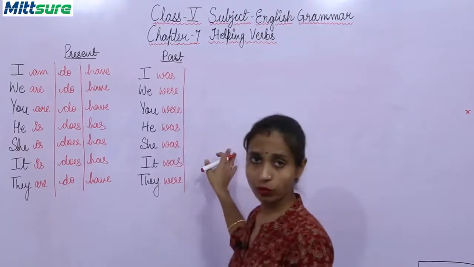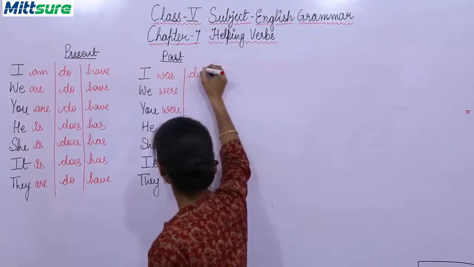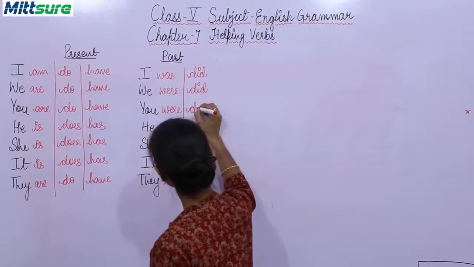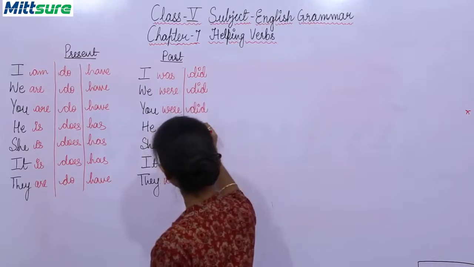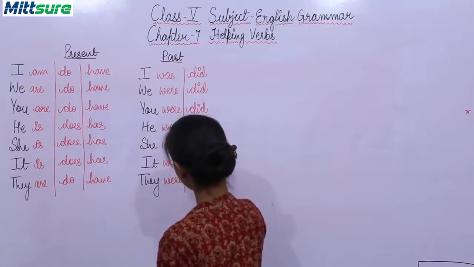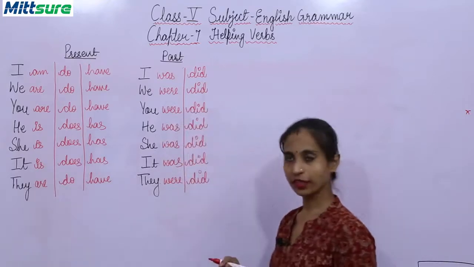For do form of verbs in the past tense, we are going to use I did, we did, you did, he did, she did, it did, and they did. Clear?